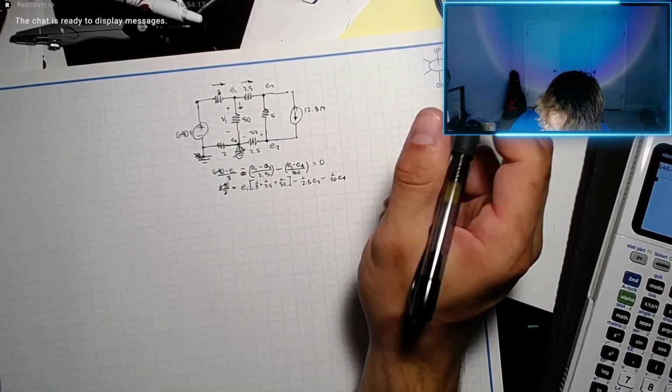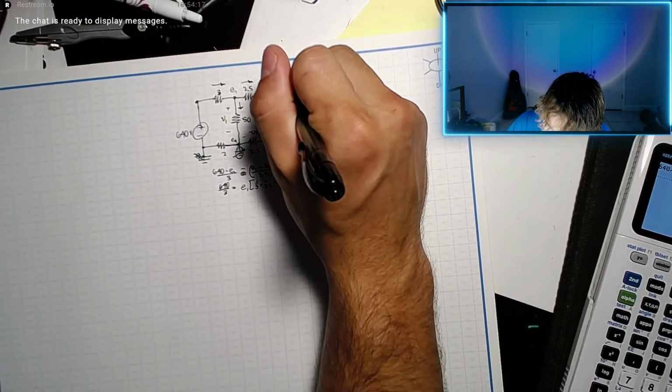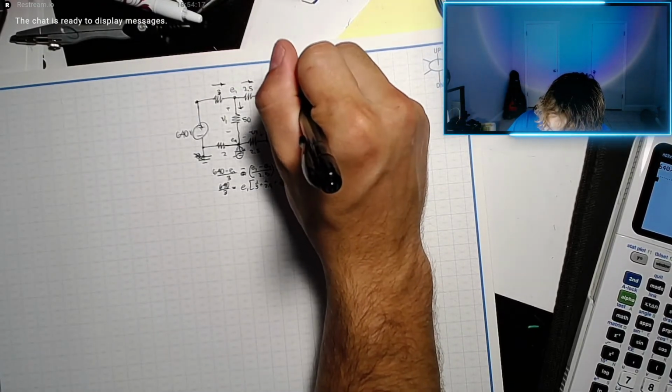Okay, that's one equation. E2. Yep, we have him obviously 12.8.